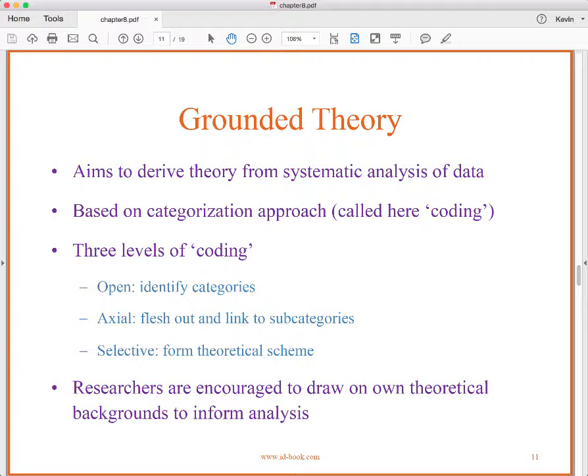And then what we need to do is pick the parts of that text, and we need to code them. We need to categorize them in some way.